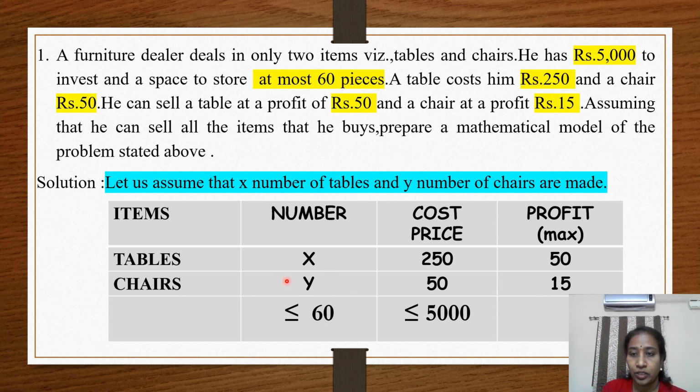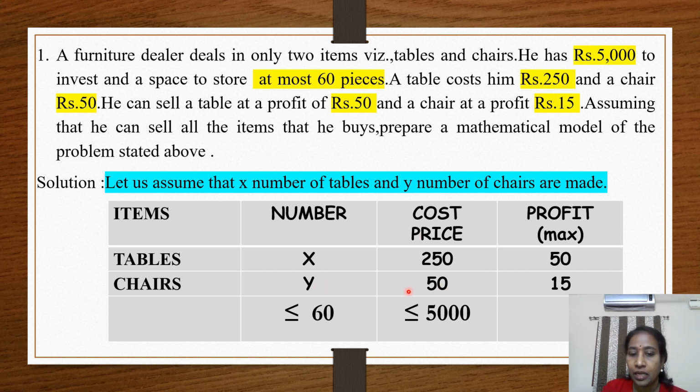And then two most important things you have to note down from the problem: the furniture dealer has only 5,000 rupees to invest. So the cost price of one table is 250, and if I make X tables, the cost price is 250 into X. The cost price of each chair is 50, and if I make Y chairs, then the cost price is 50Y.